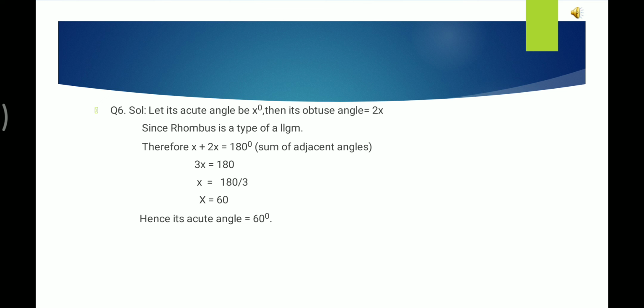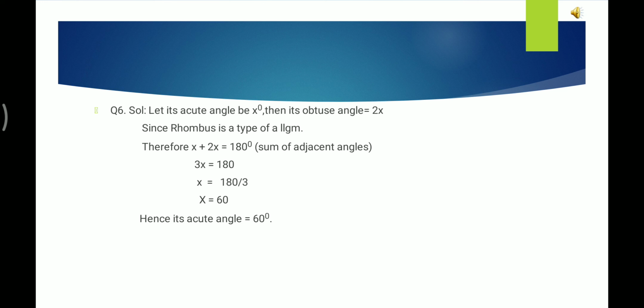So let its acute angle be x degrees, then according to the question its obtuse angle will be 2x. As we know, a rhombus is a type of parallelogram, therefore x plus 2x is equal to 180 degrees.